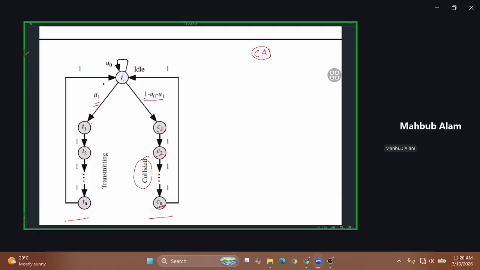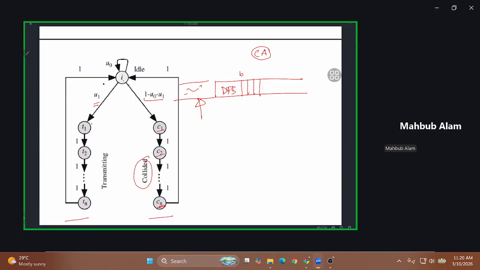But as I mentioned, if this is the channel time and a station has a frame during this time, it has to wait for a period of time DIFS. During this DIFS period, the channel has to be free. Then it has to pick a random number. We call it the backoff counter value, let's say B. And in each slot, the backoff counter value is decreased by 1.